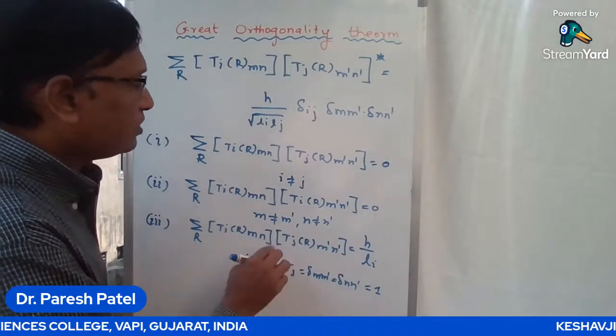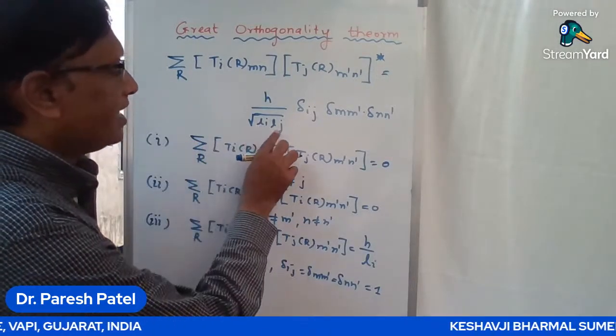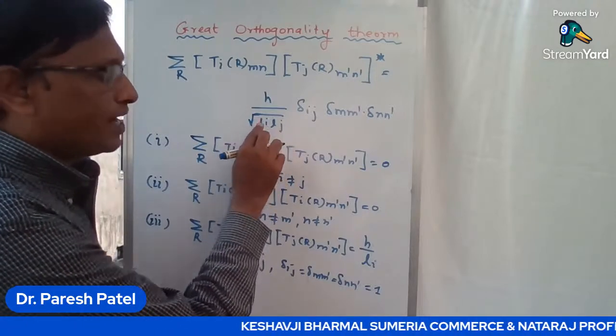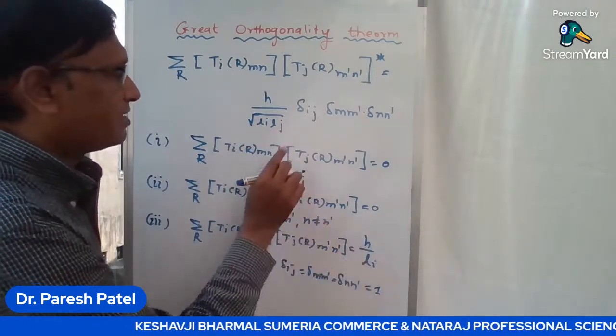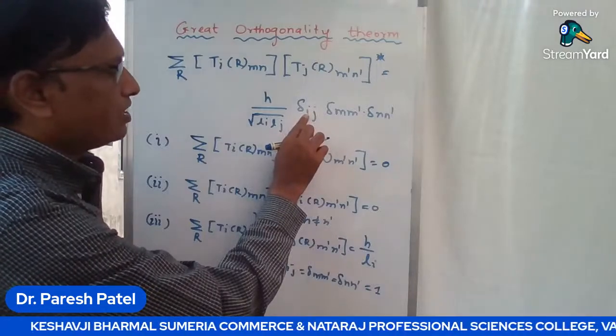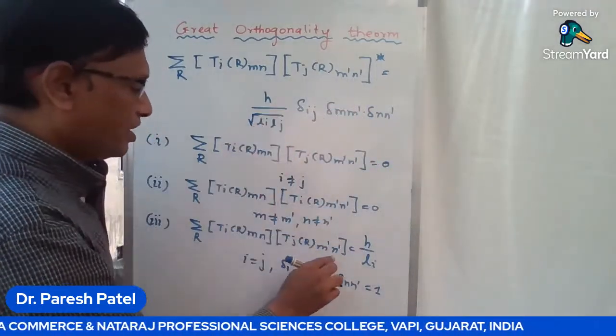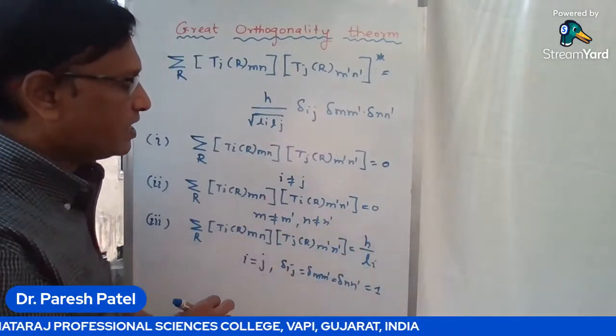Now if you put in the values, li equals lj, so the square root of li squared is li, and the deltas are equal to 1. Then the equation can be represented as h by li.